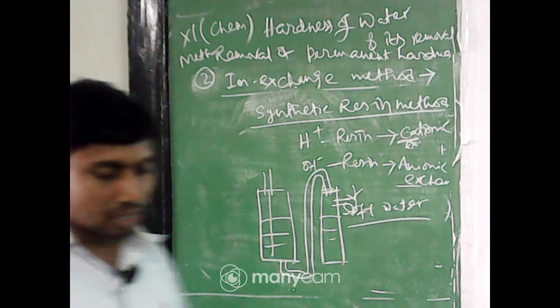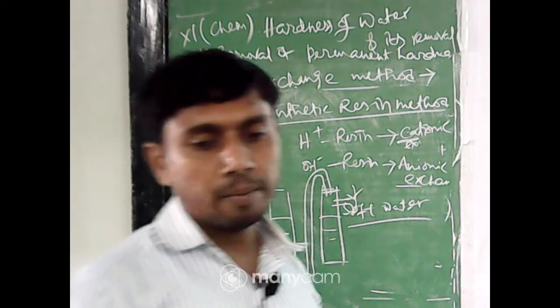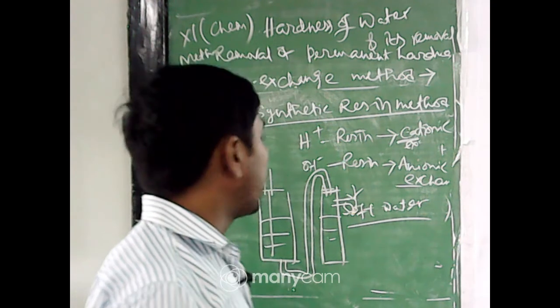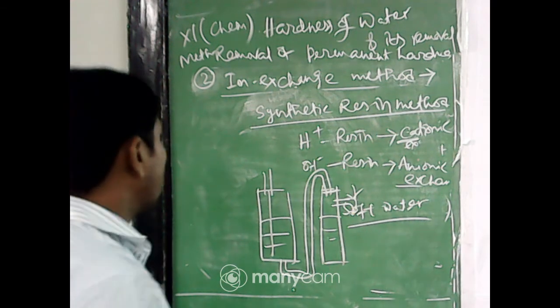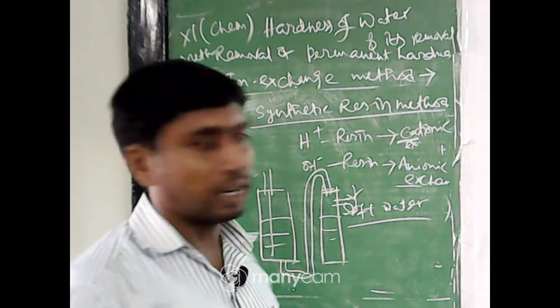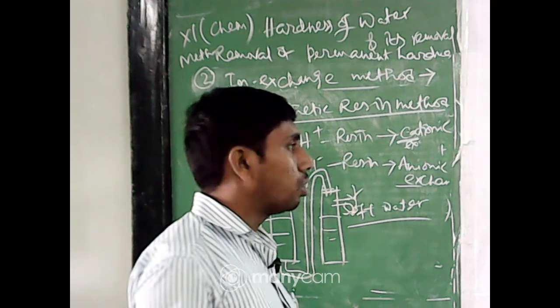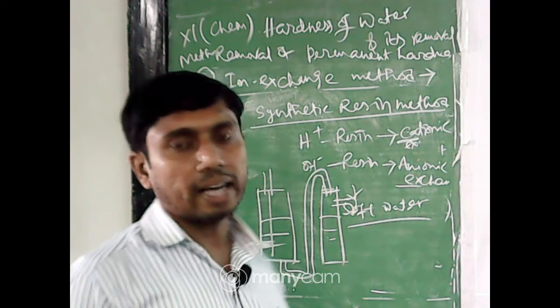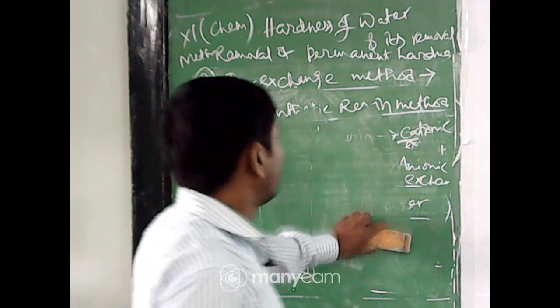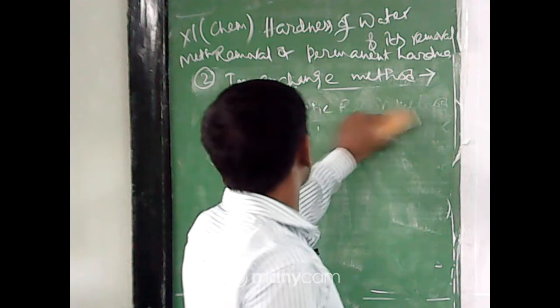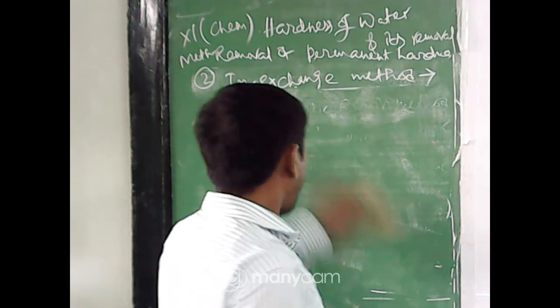And as there are no cations and anions present, it is also called demineralized water. So demineralized water we will get by the synthetic resin method, exchanging both the cations and anions. Okay. So this is the ion exchange method.